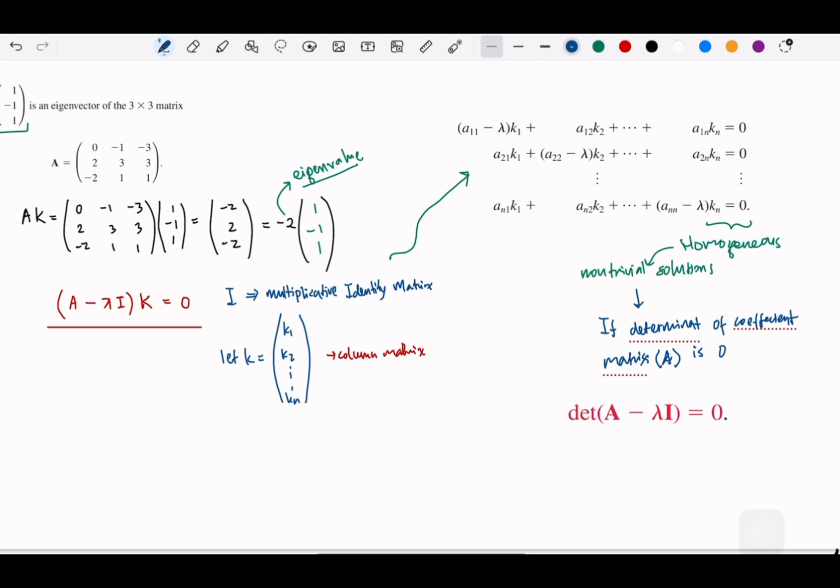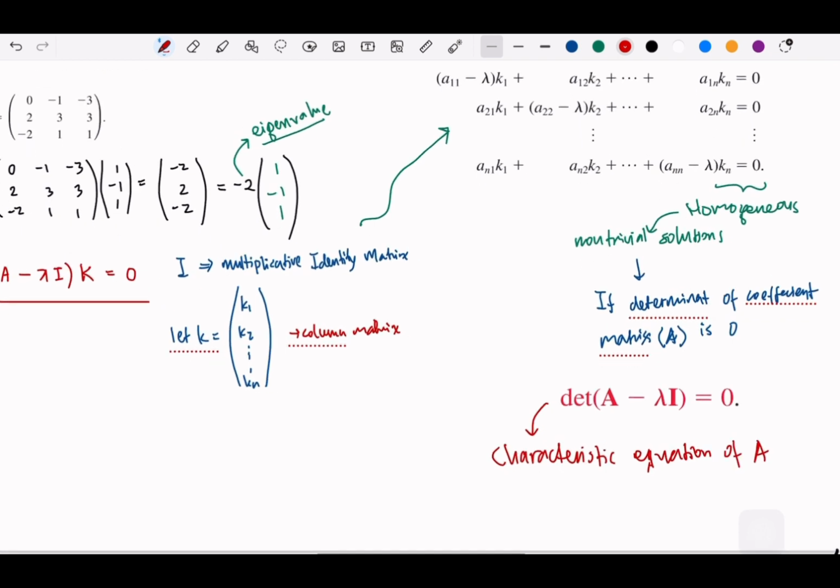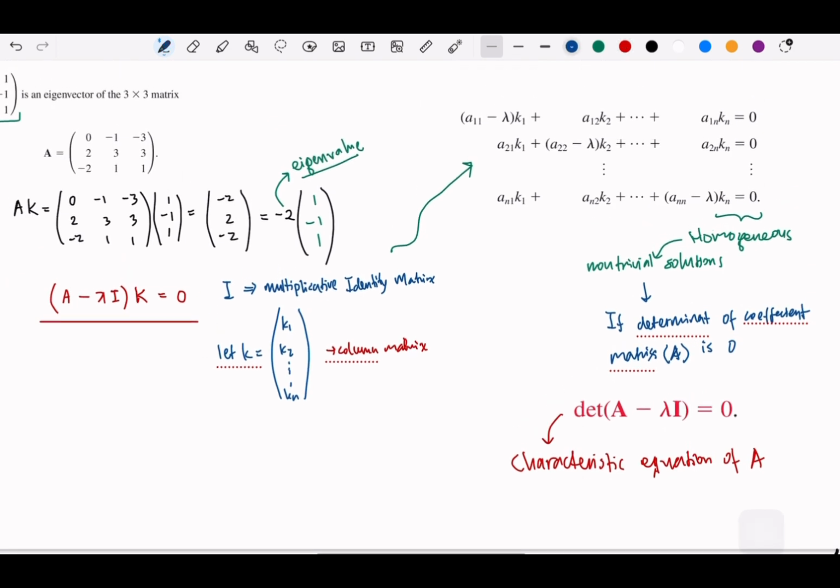Usually we say this equation, another name is characteristic equation of A. So later we see that in the determinant we are going to have some calculations. If you imagine 2 by 2 or 3 by 3 matrices, they will have at least some multiplication.